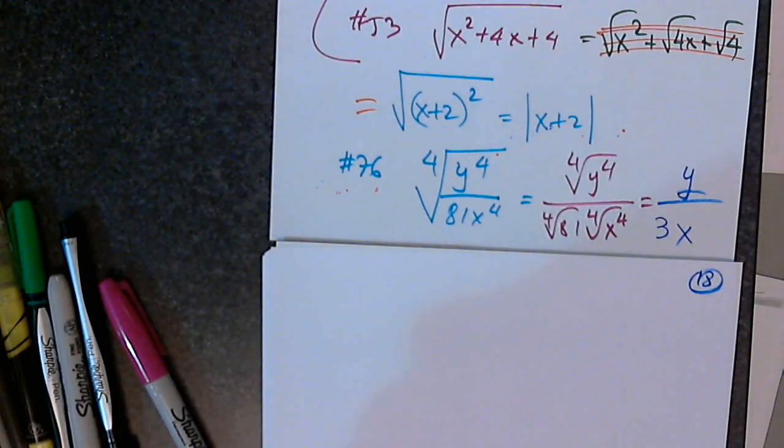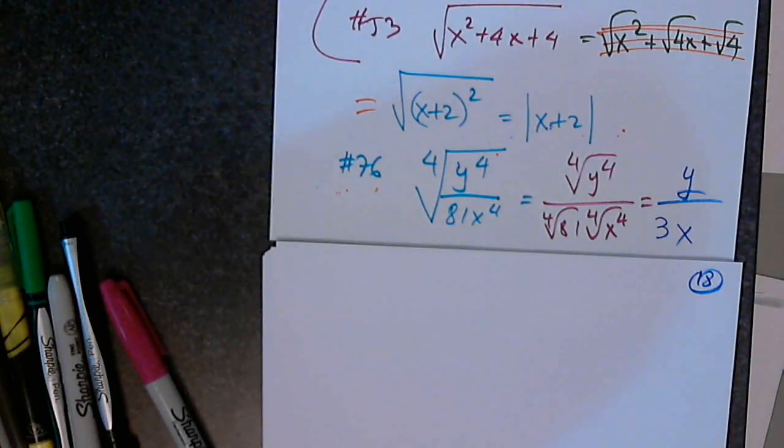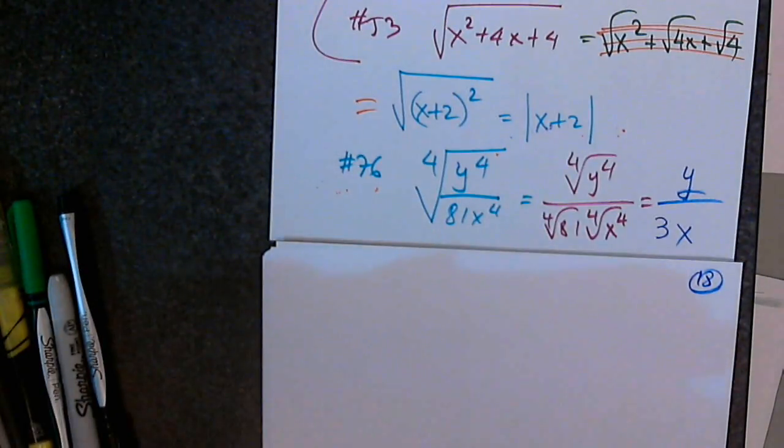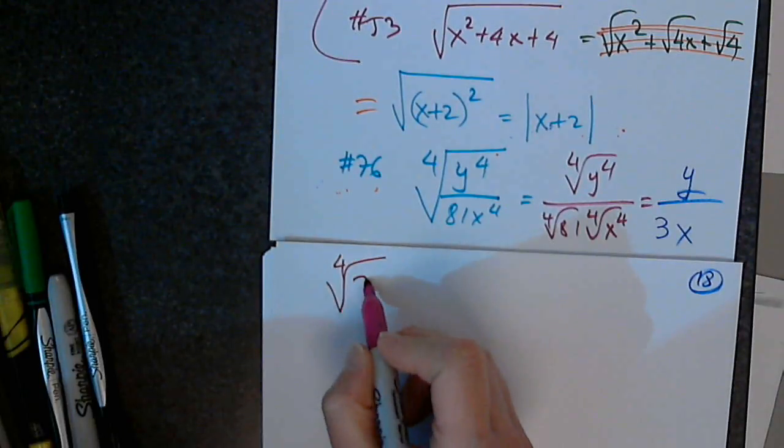I would like to show you how to determine, let's say, a cube root or a fourth root with a graphing calculator. If I'm asked to find the fourth root of 7, let me write that to make sure what we are trying to do. So we want to find the fourth root of 7.